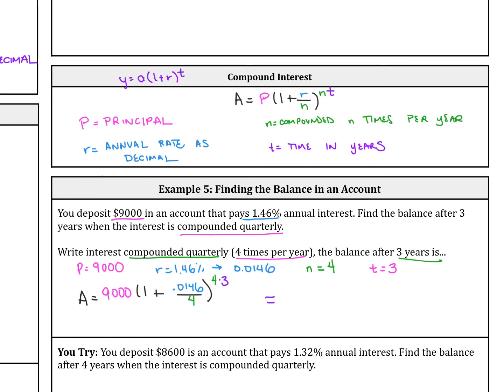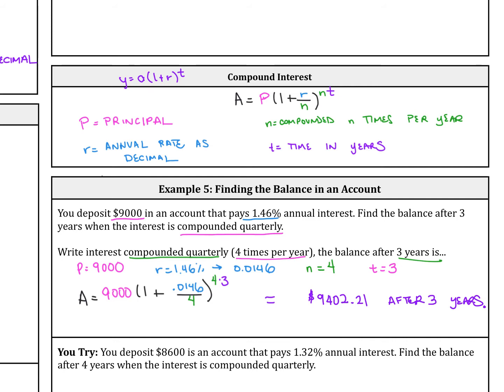Now when you do that, the amount that you should get would be 9,402.21. You have to round, so it's money, so two decimal places. So after 3 years.